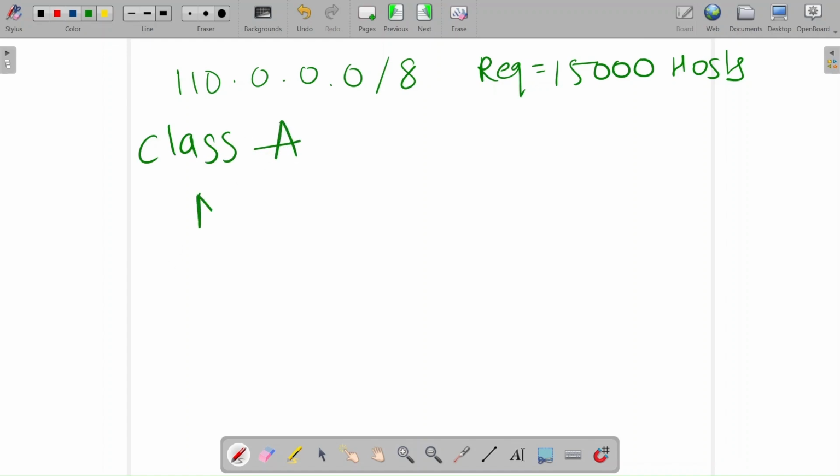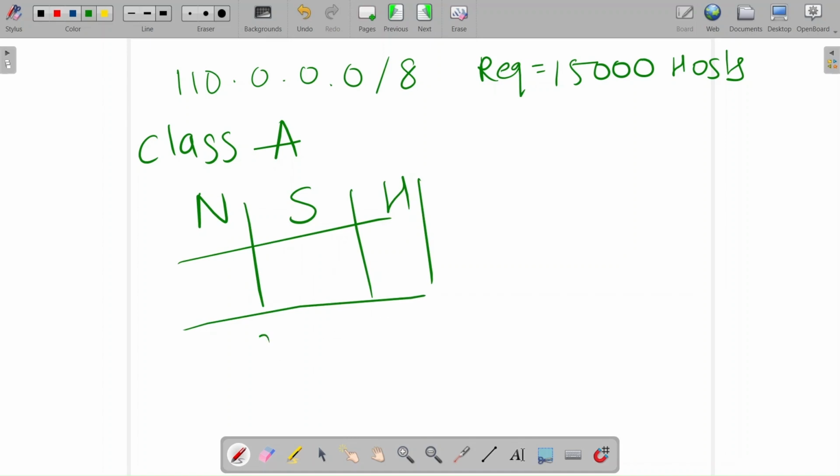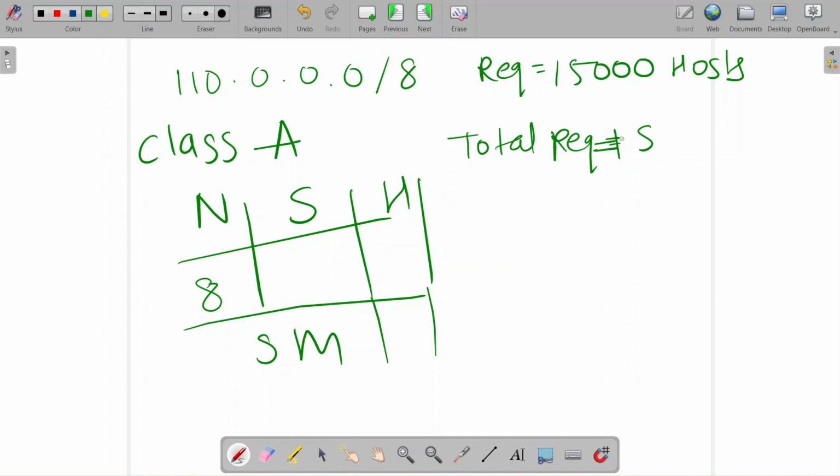Now, let us make a bits table, N S H. This is the subnet mask. Great. So the number of network bits is 8. What will be the total required? Remember, you're supposed to do 15,000 plus 2, so 15,002. Now, you will have to find a power of 2 which is greater than 15,002.